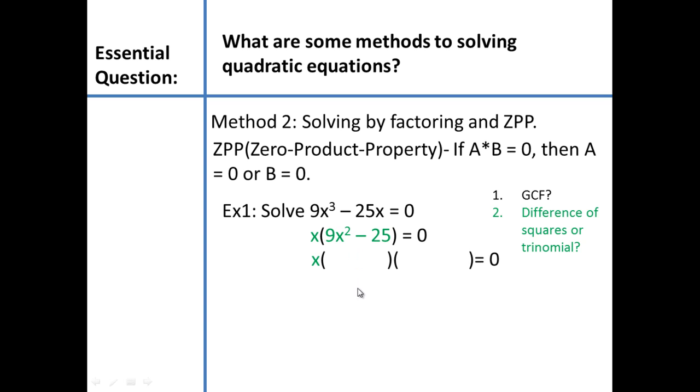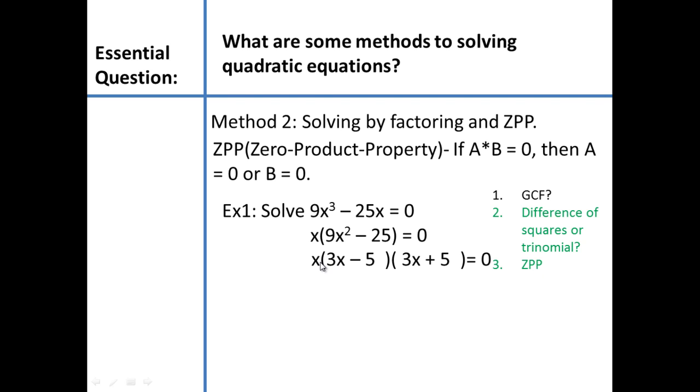You need to have two sets of parentheses, one plus and one minus, and then you take the square root of 9x squared, you get 3x, so you write it in this set of parentheses, and you write it in the other set of parentheses. Then you take the square root of 25, you get 5, one factor of 5 here, one factor of 5 there. Then the last step is you use ZPP.